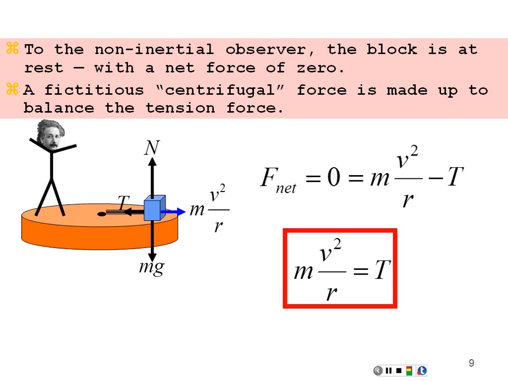Let's say you were at the equator and you saw this missile shot right at you, and as it was coming at you, it veered off to the west and missed you. How do you explain that? Well, you would have to make up a force to explain the fact that this missile veered off to the west. And the force you use to explain this is called the Coriolis force.